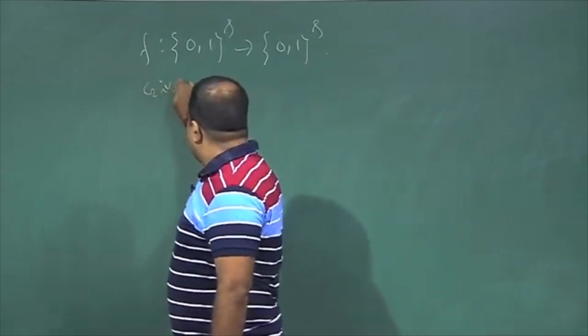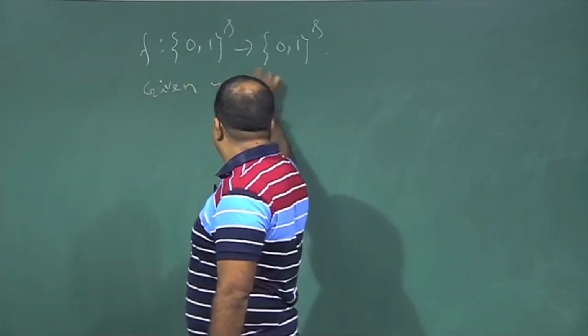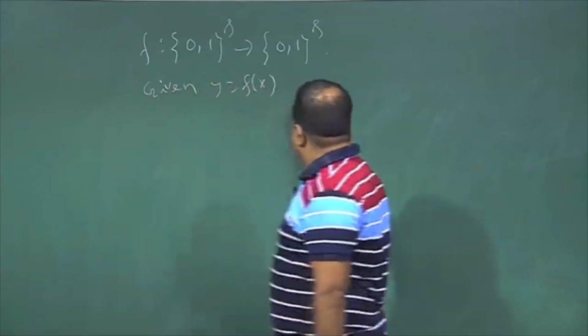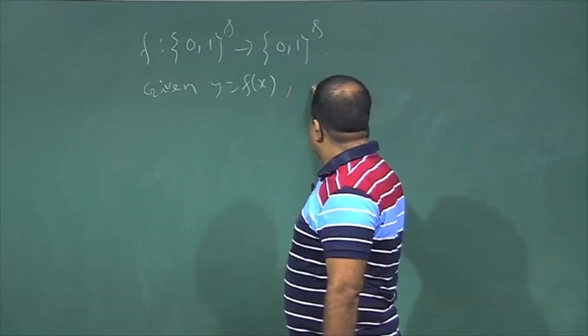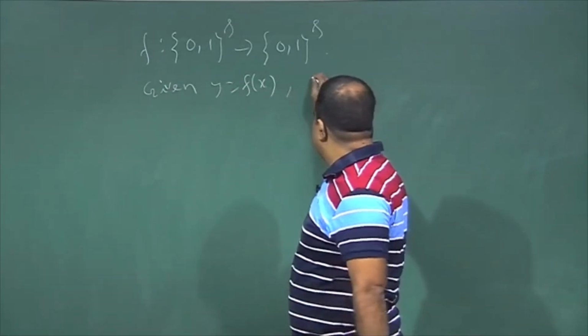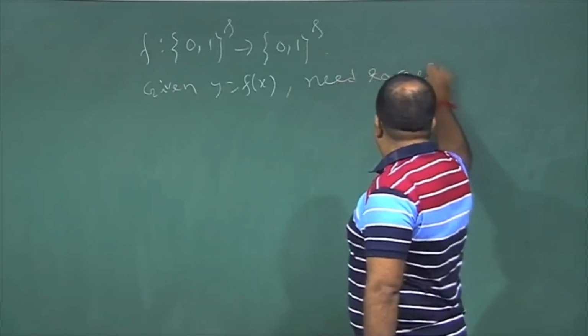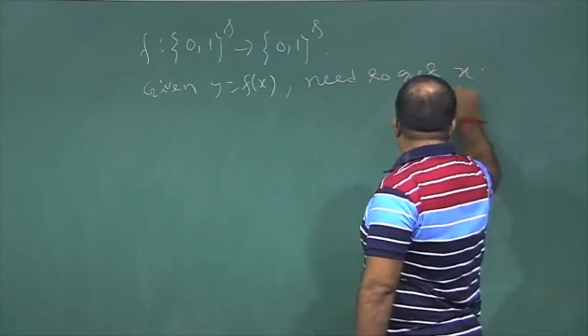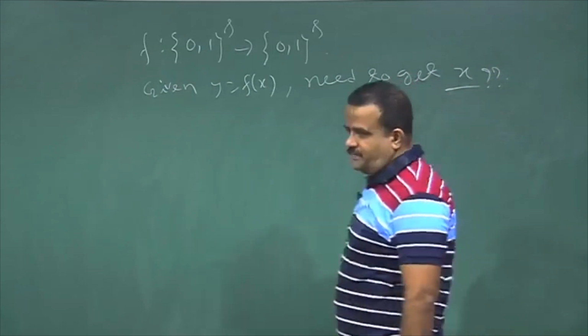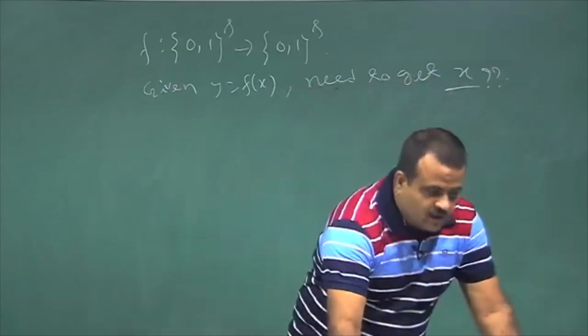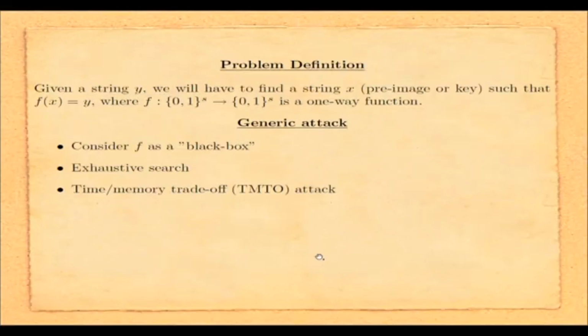So, given a y which is f of x, we need to invert it and get x. That is the problem definition.